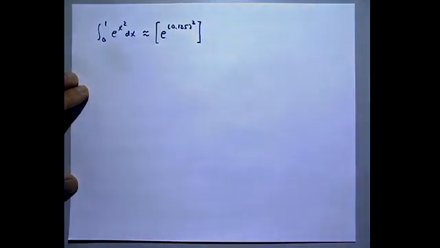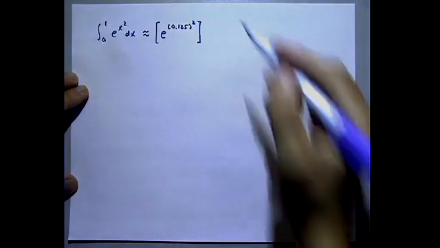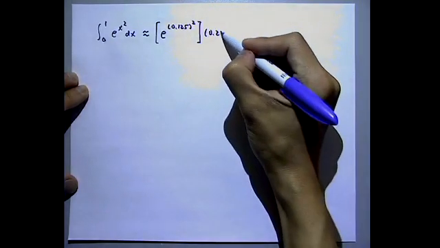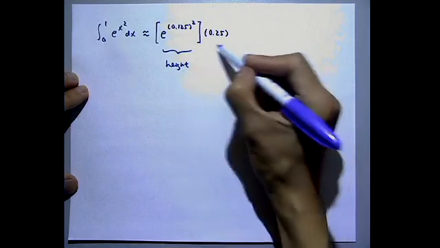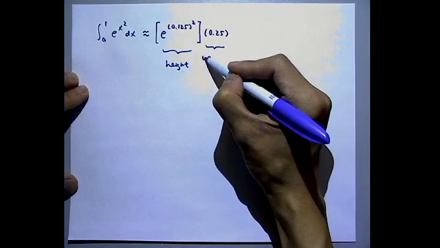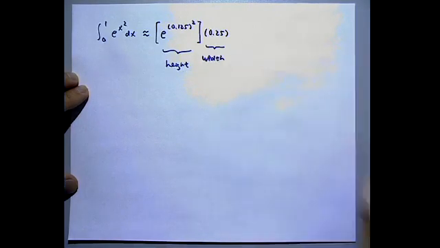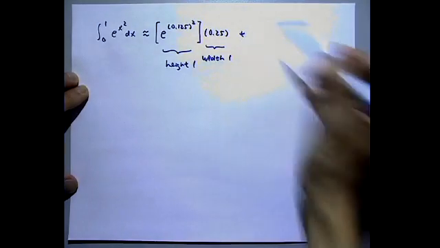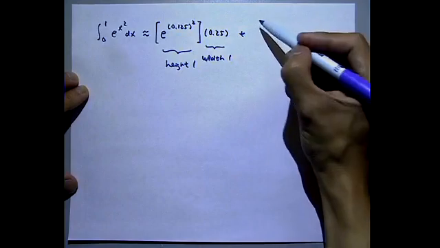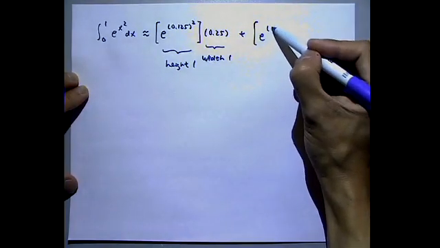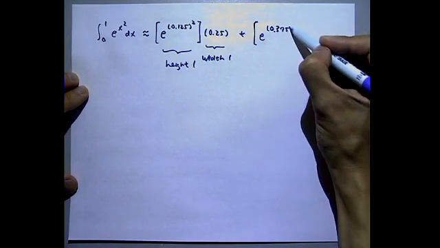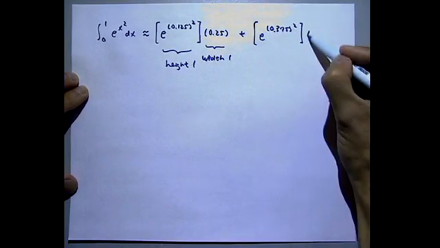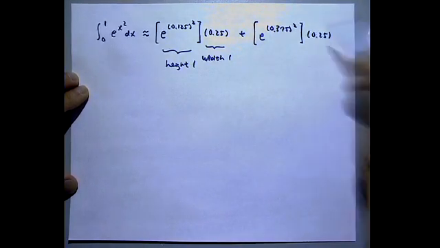And they all have the same width, right? The same width being 0.25. So that's the height. This is the width. Height 1, width 1. Plus height of the second one, e to the 0.375 squared, 0.25 for the width again.